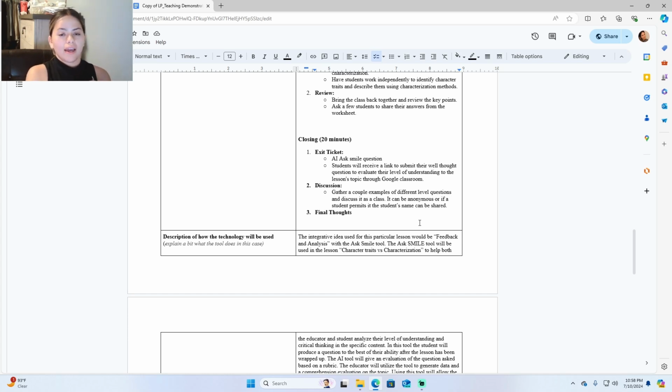This AI tool is going to be used by the students as they write their question based on the topic, which was character traits and characterization. It could be anything. It can hit anything along what we just spoke about, around that range of the topic.